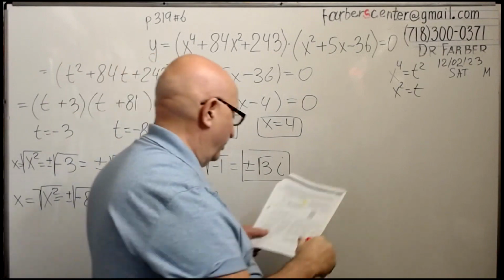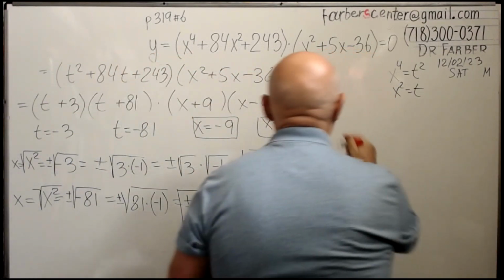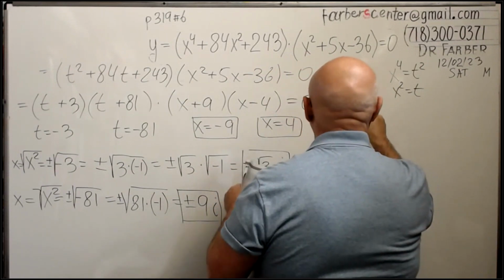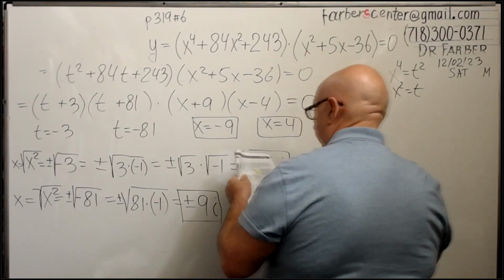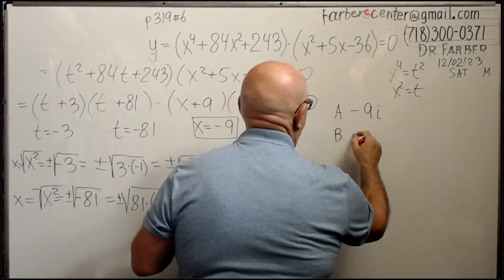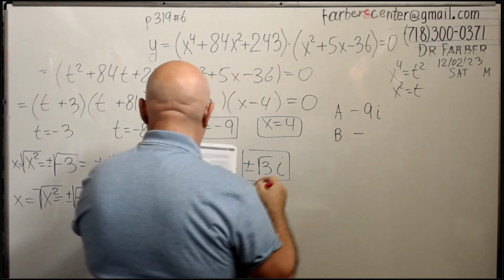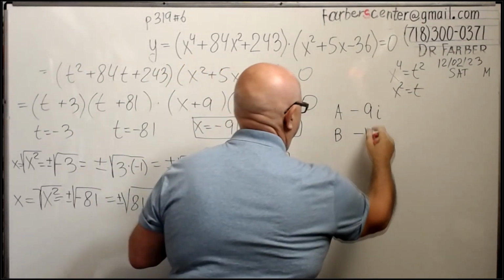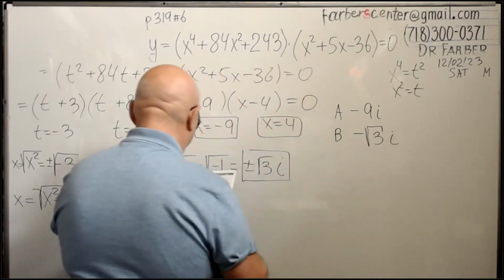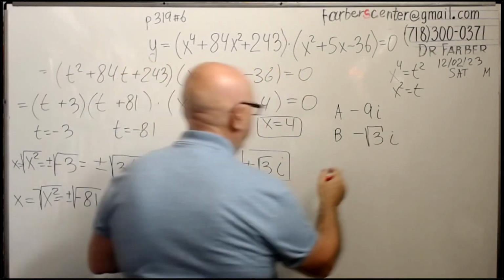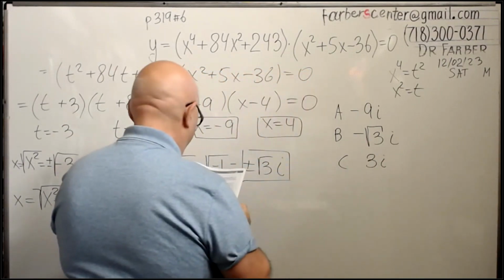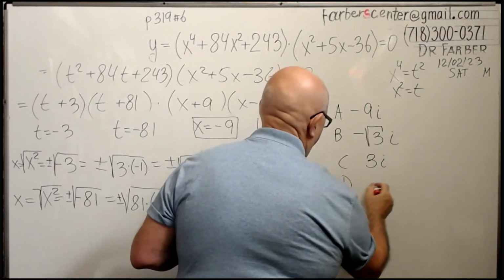Now keep in mind what they have in the multiple choice. A, negative 9i. B, negative square root of 3i. Close this radical. C, 3i. And D, 9i.